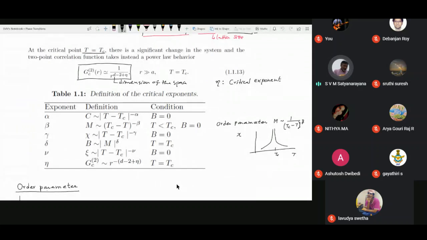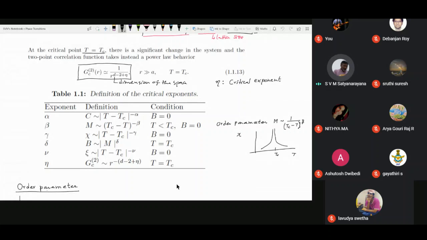So you can see that different types of phase transitions give rise to the same set of critical exponents numerically. Their microscopic constituents are different, the nature of interactions are different, and yet they give rise to the same set of critical exponents. So this was very surprising and intriguing.